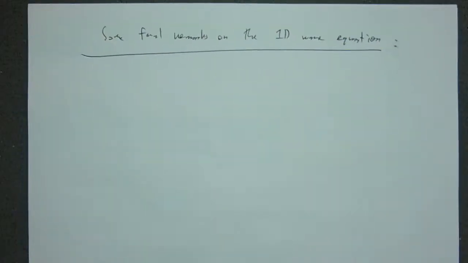The reason why we spent so much time on the 1D wave equation versus some of the other things we're going to do is because it is basically the easiest to understand what is going on everywhere. That's one reason.